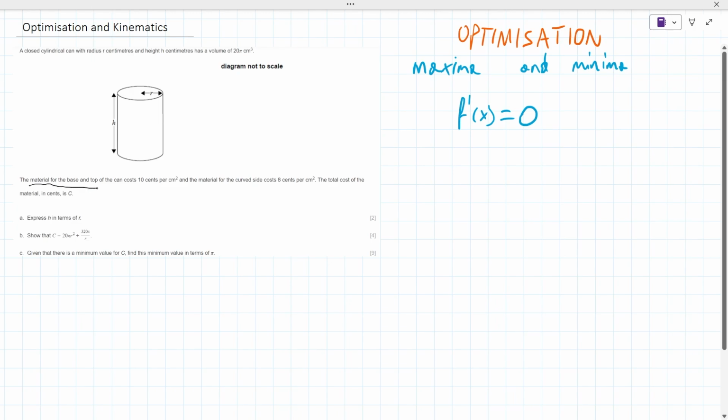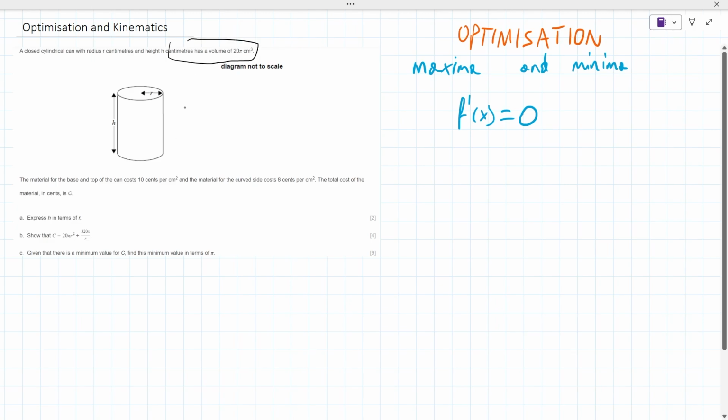And the material in question refers to the material for the outer surface area of the cylinder. So we will want to basically minimize the outer surface area, but taking into account the fact that the material has a different cost when it comes to the base of the cylinder and when it comes to the curved side.